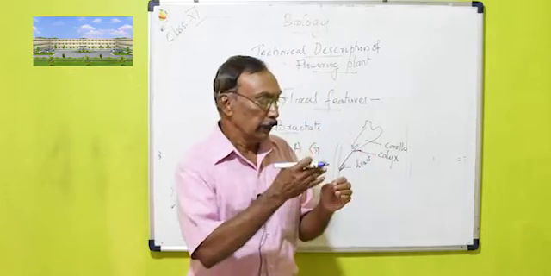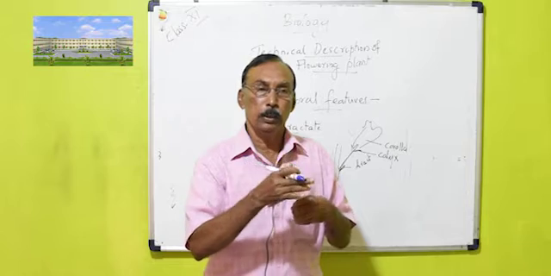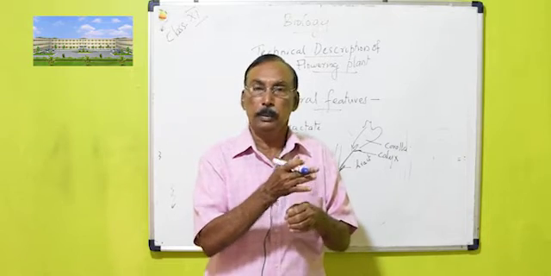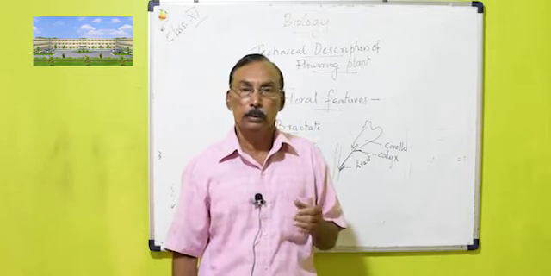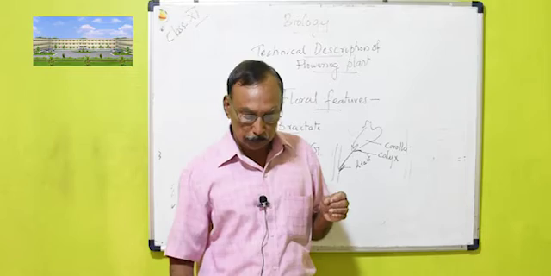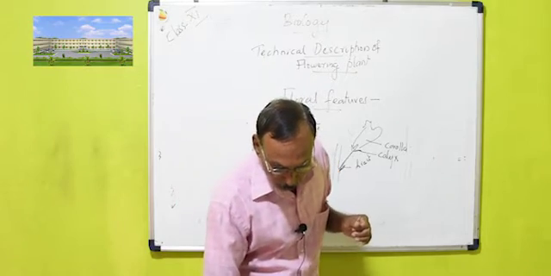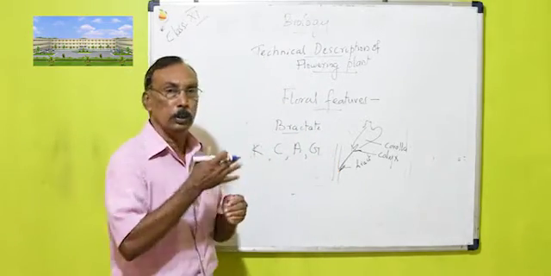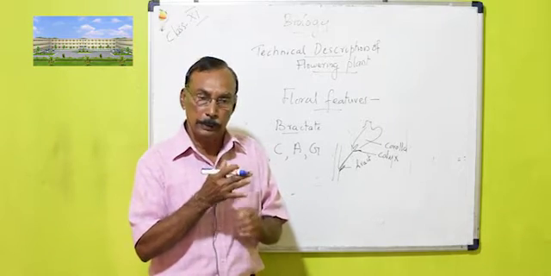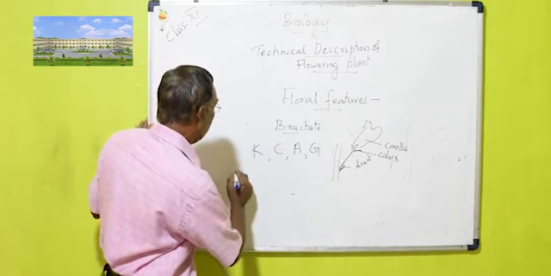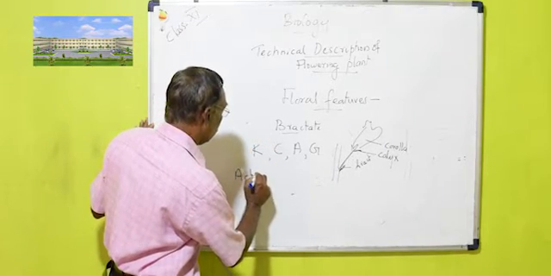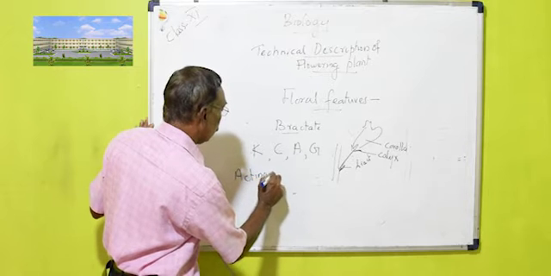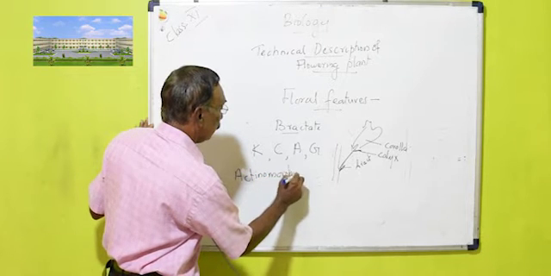Actinomorphic flower means it can be cut into two equal parts through any plane. If you cut into two equal parts through any plane, it is called actinomorphic. The symbol for actinomorphic is like this.